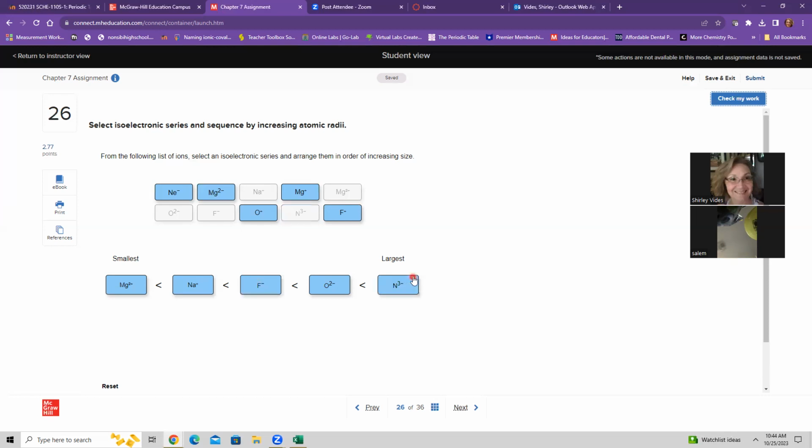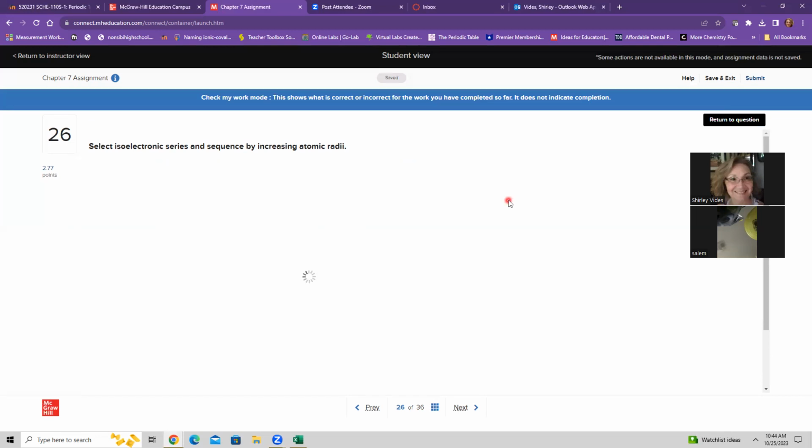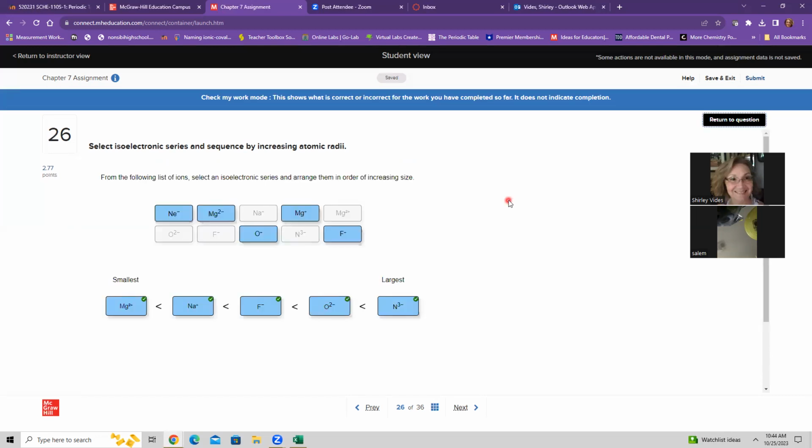Now they're correct. It's because fluorine is smaller already. I don't know why I did that backwards, but I did. Anyway, there you go.